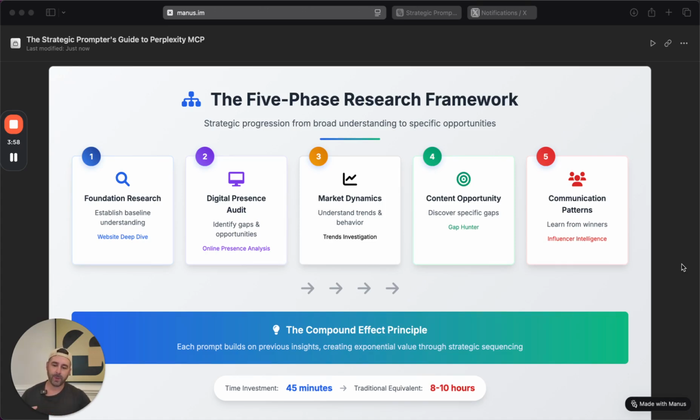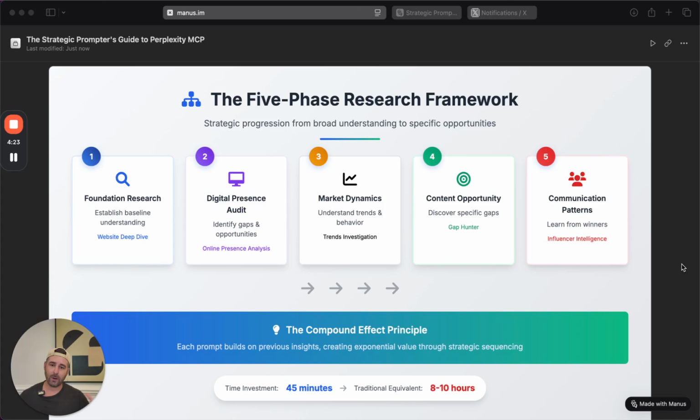Step 1 is foundational research. At this stage, I'm doing a deep dive on a website, let's say my website, that represents how I'm speaking to customers, what my services are, and what market I'm in. I'm doing research around that so the model has full context on what I do, what makes me unique, who my competitors are, and things like that.